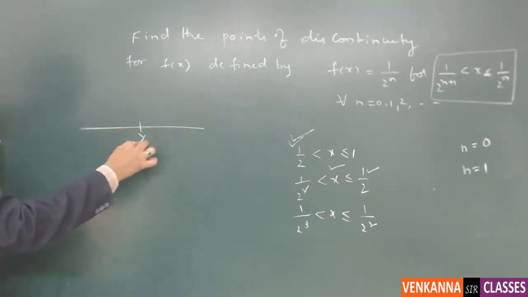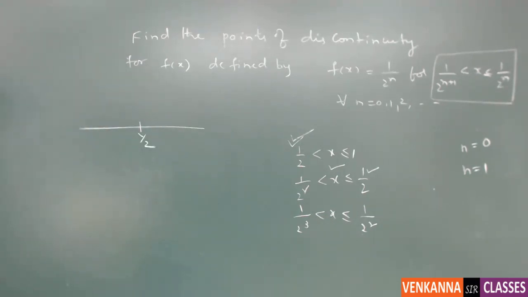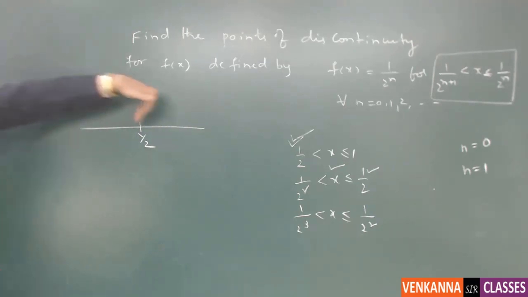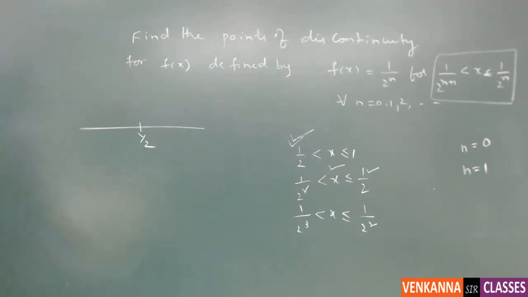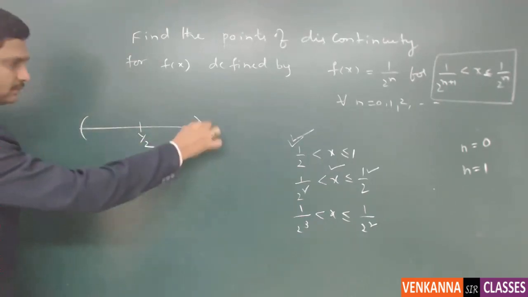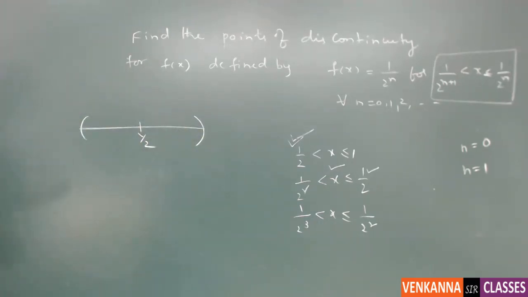Suppose you are checking at the point 1/2, the limit portion. So you are calculating the left limit as well as the right limit. So whenever you consider a neighborhood, you should take the left neighborhood as well as the right neighborhood, isn't it? Yes or no?